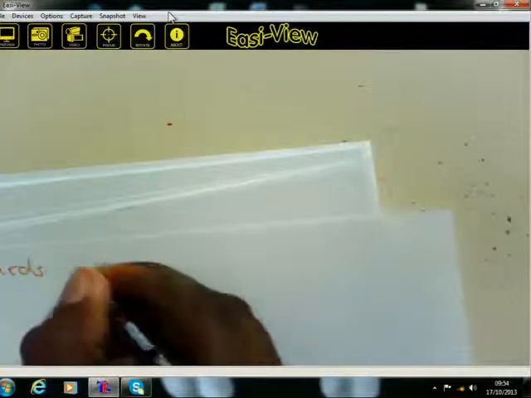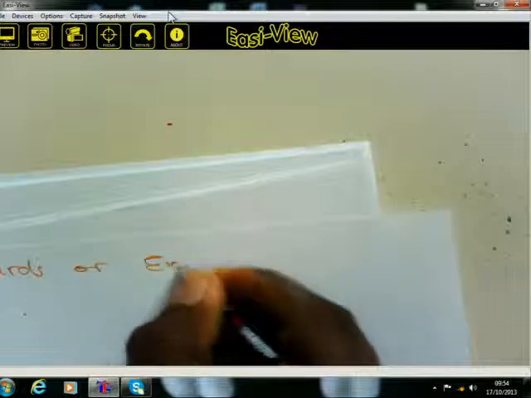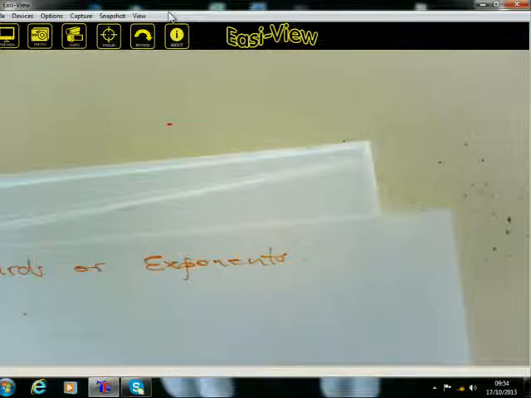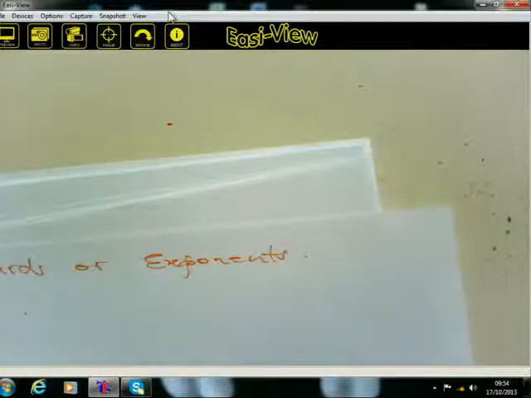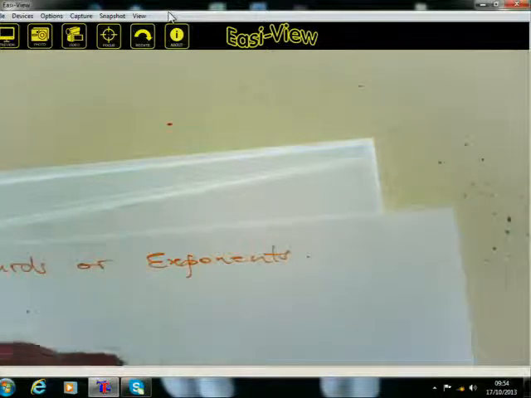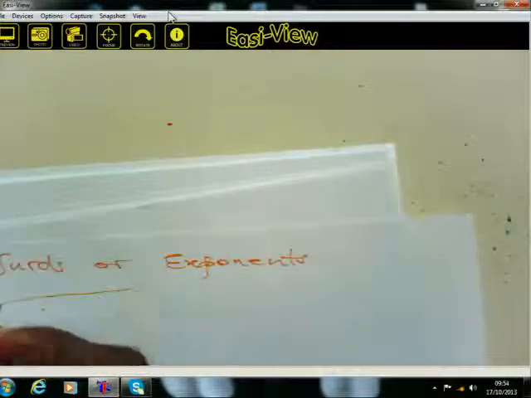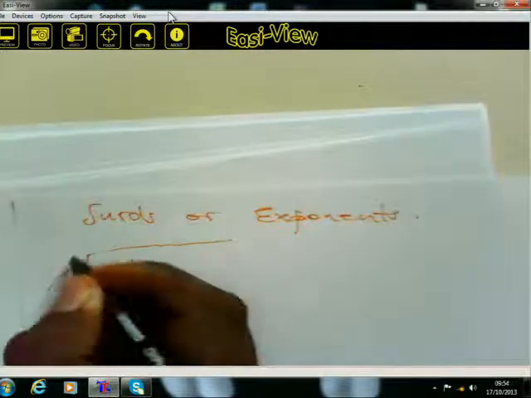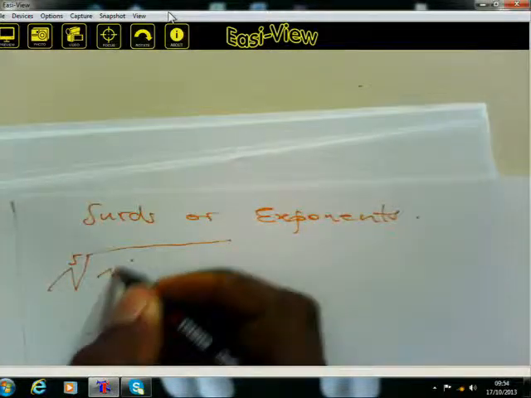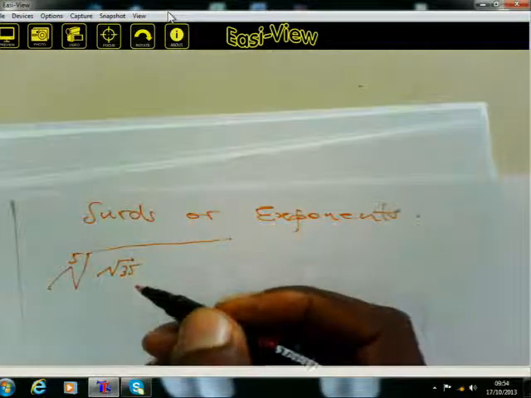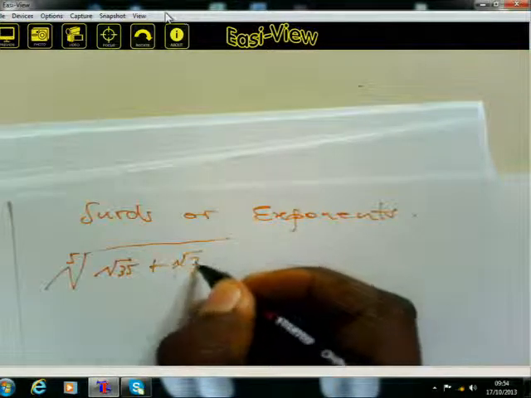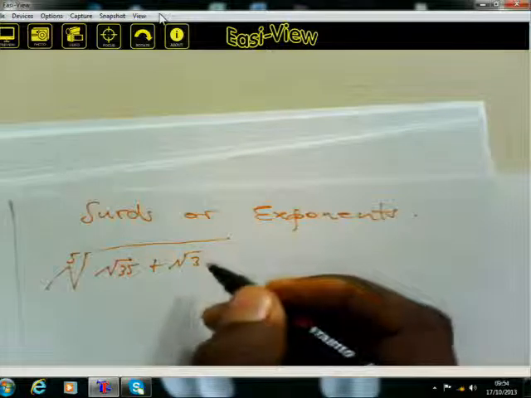Sets or exponents. Now, sets or exponents are as follows. Now, if we have the fifth root of the square root of 35 plus the square root of 3, right?